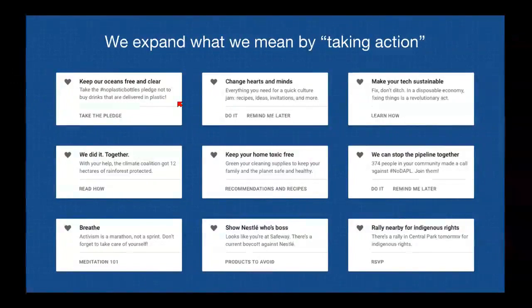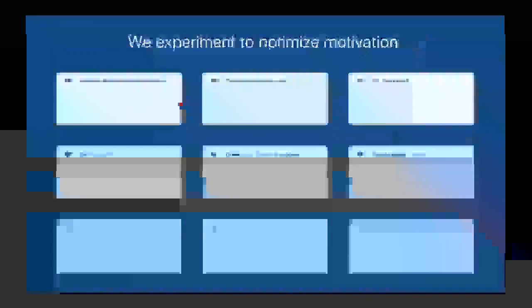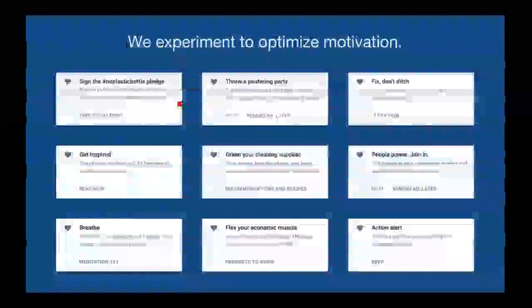So we're thinking really simple tags like, is the action online or offline? Is it easy or hard? Is it an action or a mindset? Is it safe versus radical? These kinds of categorizations can help us build a library of actions that real people are doing around the world.